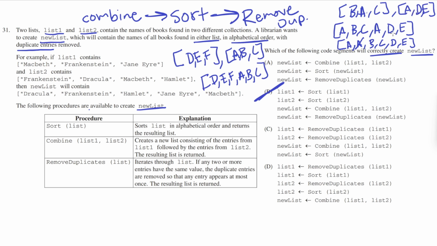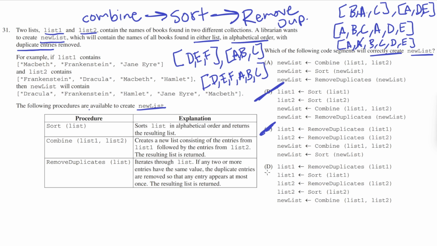But then once you combine them, A is repeating. So you would have to remove duplicates after you combine, not before. So C would not ensure that there are no duplicates in the final new list. So C has duplicates and B was not in alphabetical order.